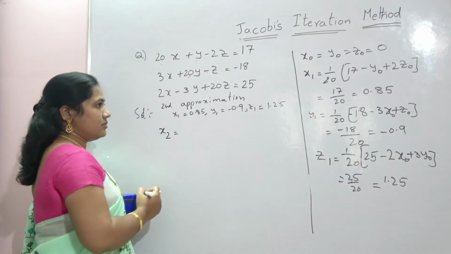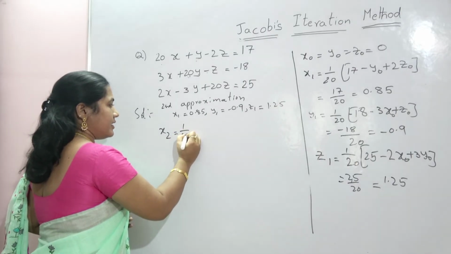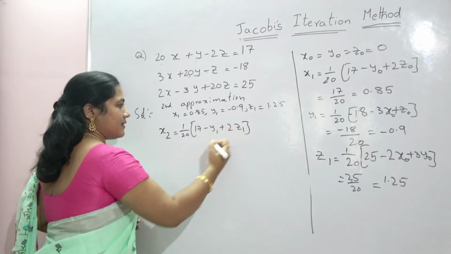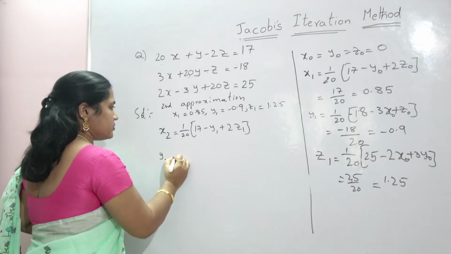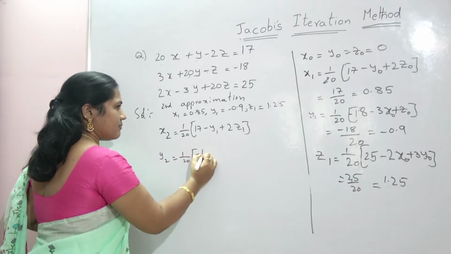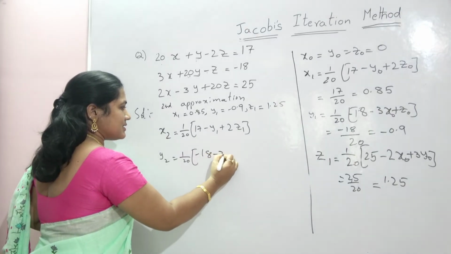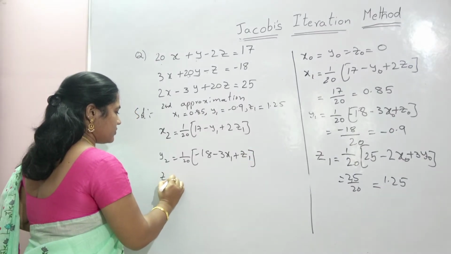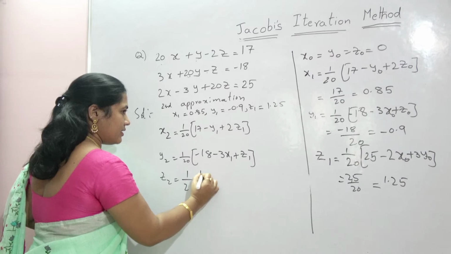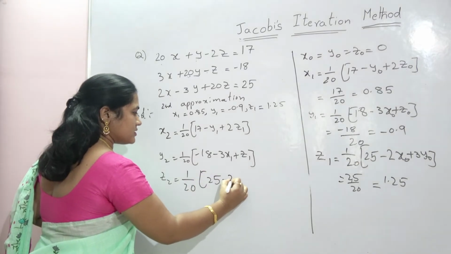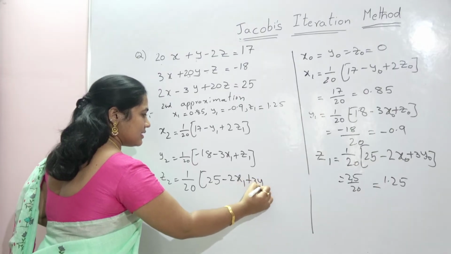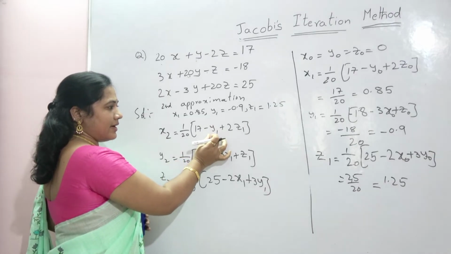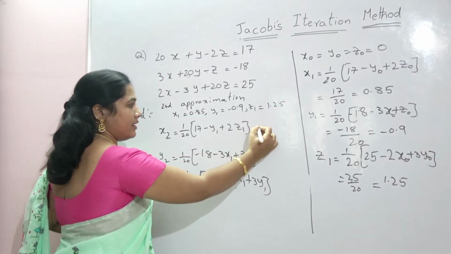So x2 equals 1 by 20, 17 minus y1 plus 2 z1, and y2 equals 1 by 20 minus 18 minus 3x1 plus z1, and z2 equals 1 by 20, 25 minus 2x1 plus 3y1. So substitute y1 is minus 0.9 and z1 is 1.25.